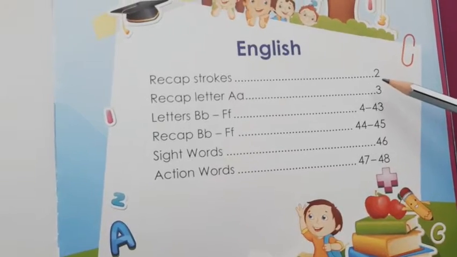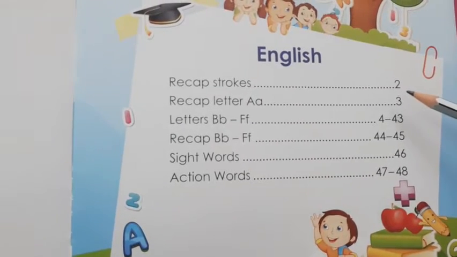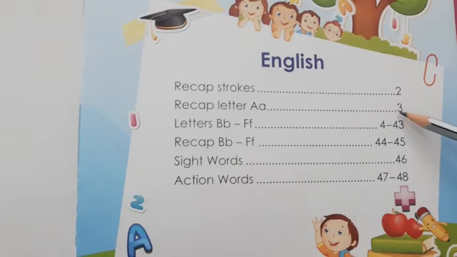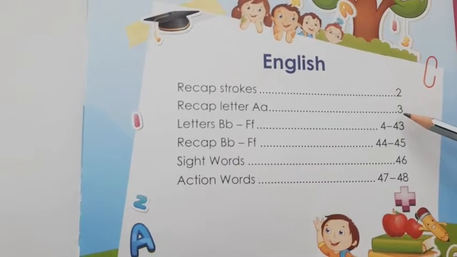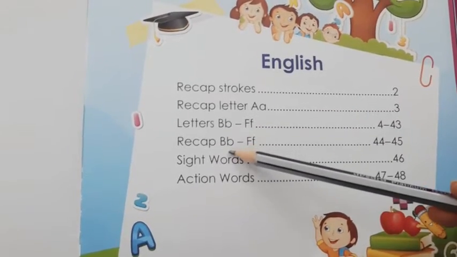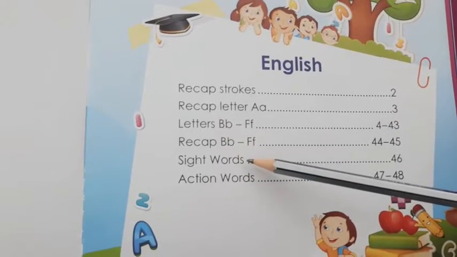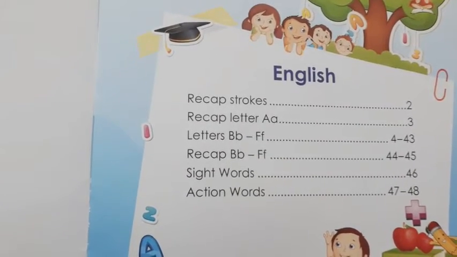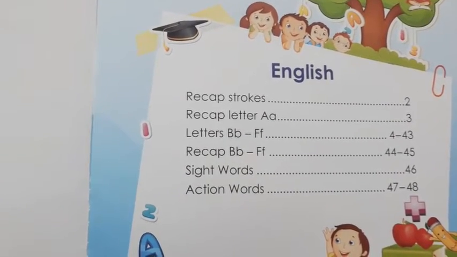As you know, you have done all the pre-writing strokes in book number 1. Recap of letter A. Letter A is also done in book number 1. Letters B to F. Recap B to F. Sight words and action words. So students, these things we are going to learn in book number 2.